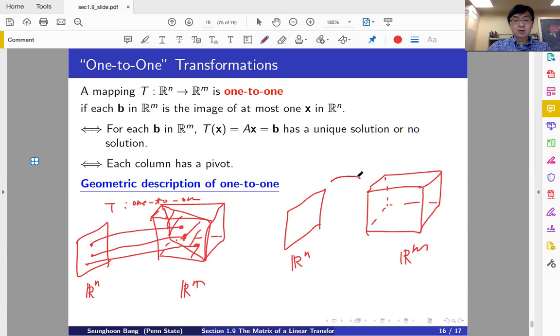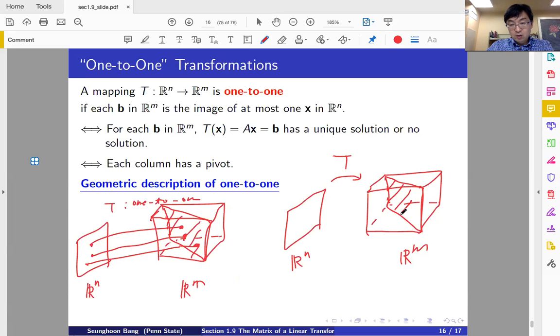We think about the linear transformation T, the mapping T. Here you can draw the range. The range is some part, sometimes the whole thing. Whether Rm is exactly the same as the range of T or different doesn't matter for checking one-to-one.